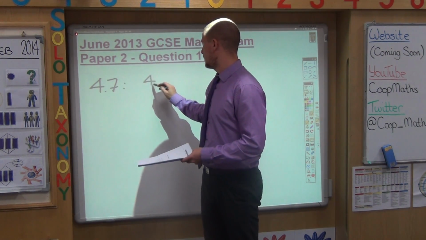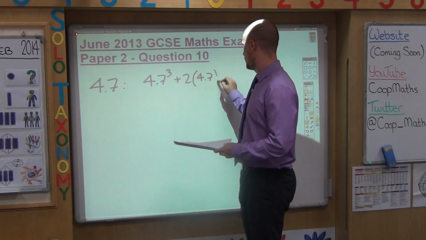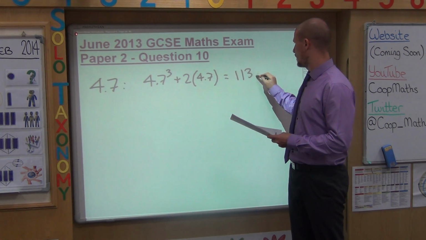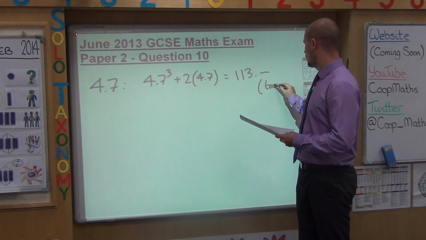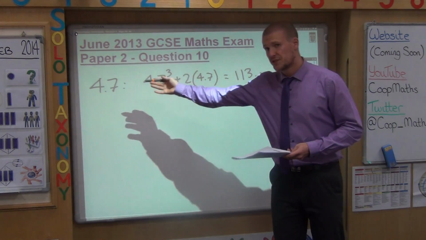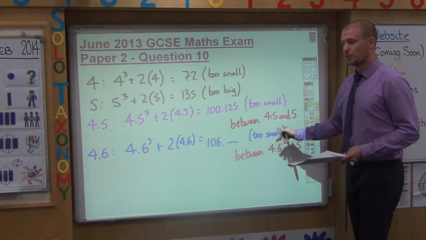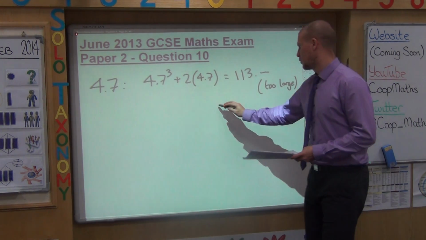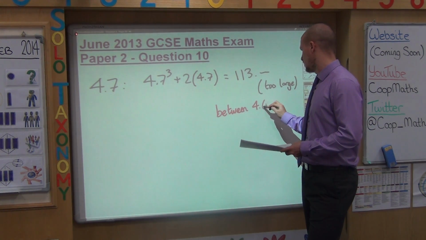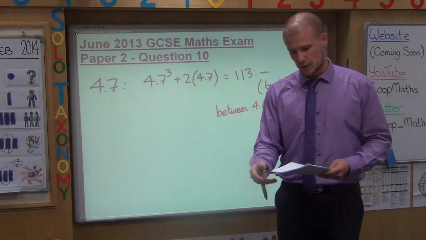If you plug that in, you end up with 113 and change, which is too large. So now we have this situation. 4.7 is too large, too big. 4.6 is too small. So we're going to be between 4.6 and 4.7. One of those will be our correct answer to one decimal place.